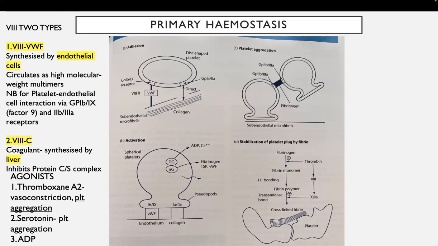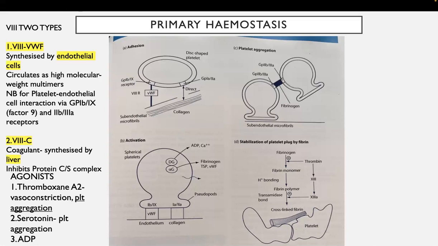As I said, with the activation, your platelets will release certain proteins or agonists like thromboxane, ADP, serotonin, and this will cause more platelet aggregation. So that's your third phase, platelet aggregation.